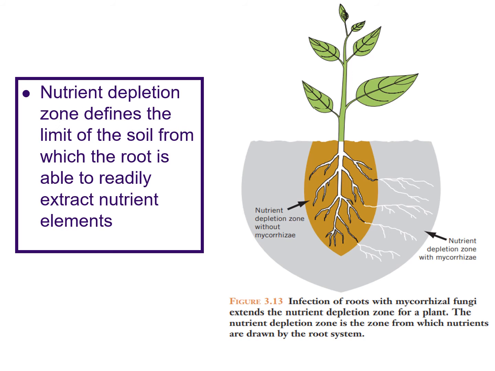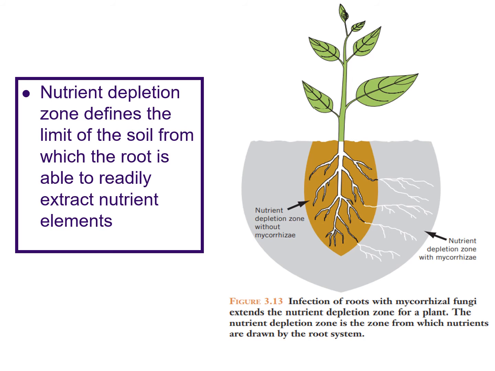The beneficial role of mycorrhiza, particularly with respect to the uptake of phosphorus, appears to be related to the nutrient depletion zone that surrounds the root. This zone defines the limits of the soil from which the root is able to readily extract nutrient elements.